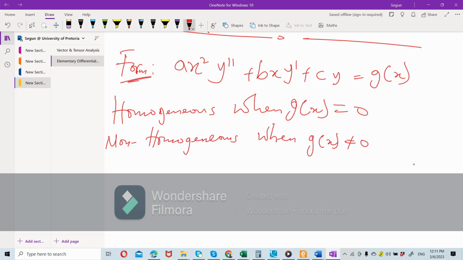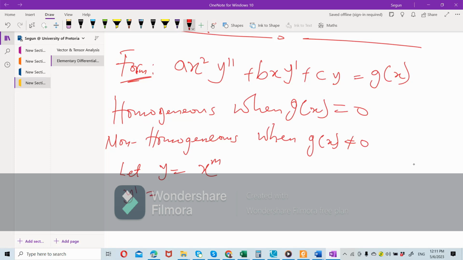of this form. For us to find the solution of this form, we let y equal x raised to power m. Then we can differentiate. What is y prime?